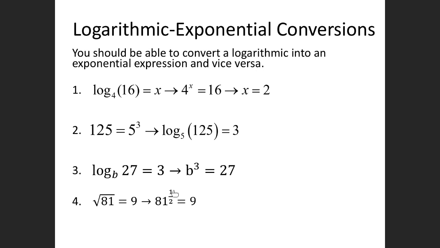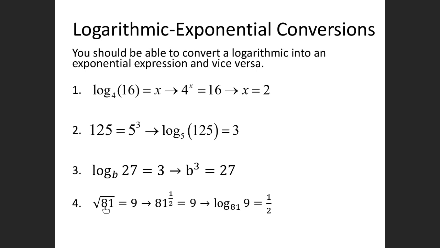So now I can convert this into a log. The base of my exponent is 81, so my log has a base 81. The output of my exponent becomes the input of my log, which is 9. The input of my exponent becomes the output of my log.